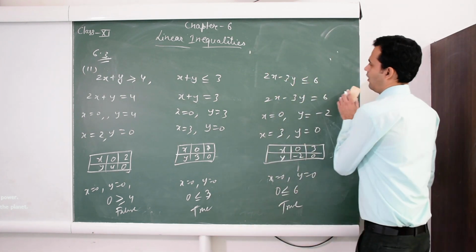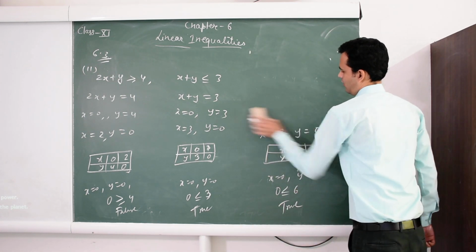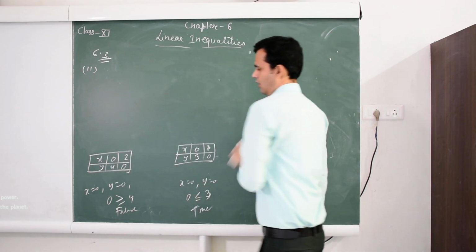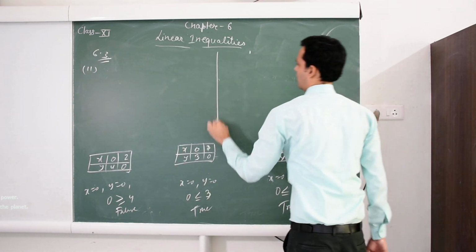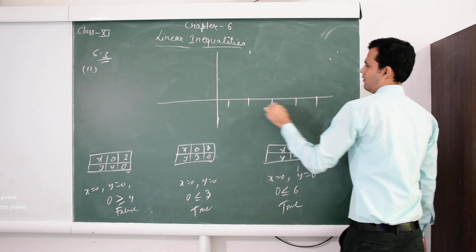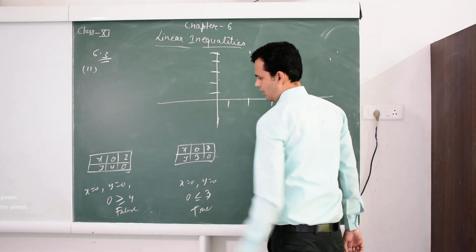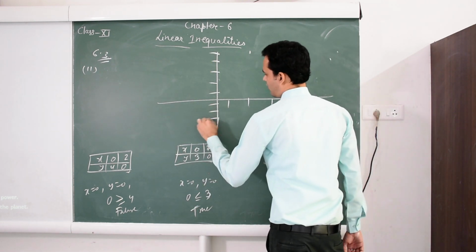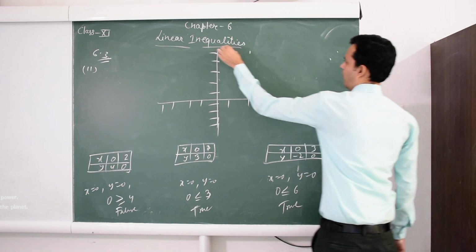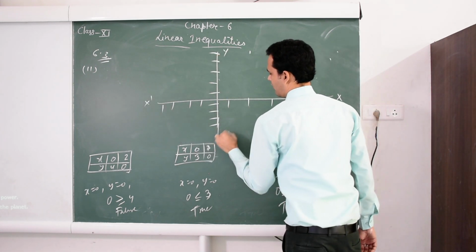So now we draw the graph of these equations. We need these points. 1 2 3 4 5, 1 2 3 4 5, 1 2 3 4, 1 2 3 4. x, y, x dash, y dash.